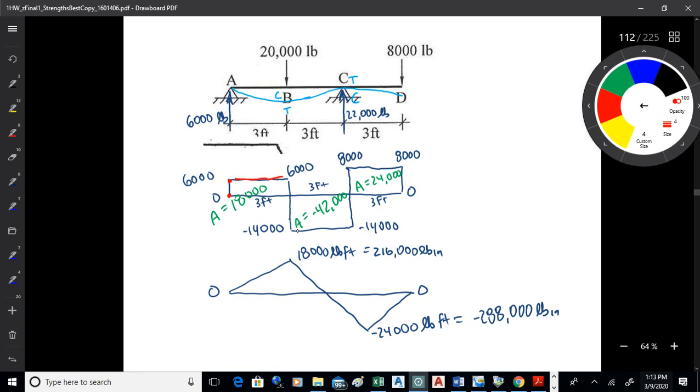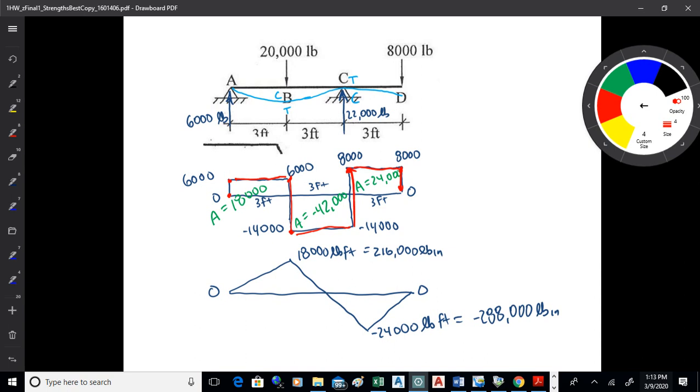Nothing changes. Then I've got 20,000. That will take me down to negative 14,000. Nothing changes. Then I'll push back up to 8,000. Okay, so I'm going up 22,000. Nothing changes till I get over here, and then I come back down. Okay. So that's the shear diagram.